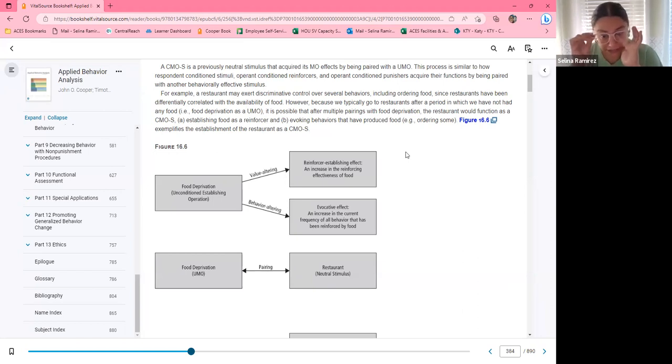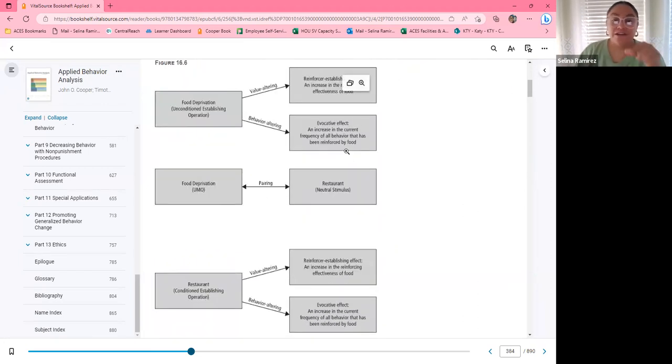Food deprivation is your unconditioned motivating operation. And then it's getting paired with a restaurant, which is the neutral stimulus. So that's going to be our learned history. Now we're going back to basics and using our stimulus pairing, right? So food deprivation is being paired with the restaurant. The restaurant has now become the conditioned establishing operation.